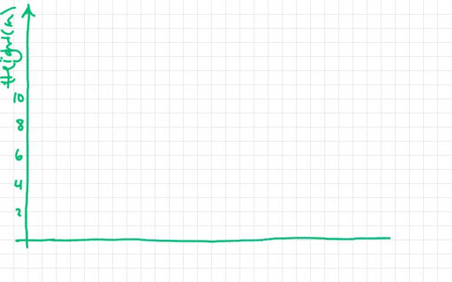And this is height in meters. And then on the x-axis, we're going to go up to 100. So I went up by 5s, so 5, 10. And this is representing time in seconds.